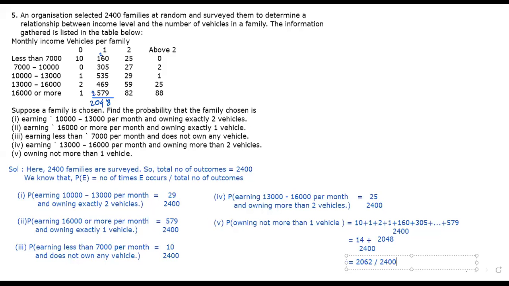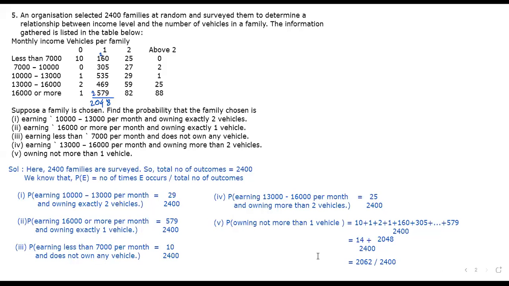Yes, sir. Check the answer once whether our addition is correct. Is it right? Yes, sir. Good, very good.